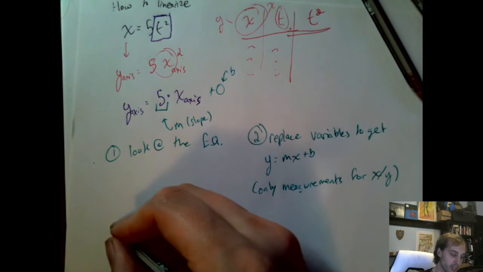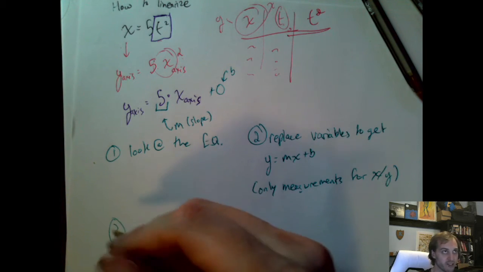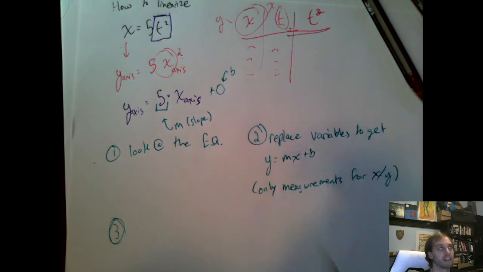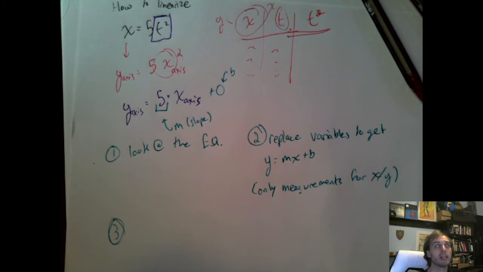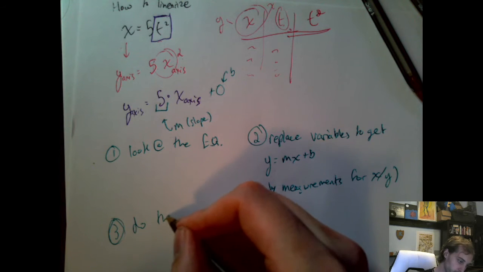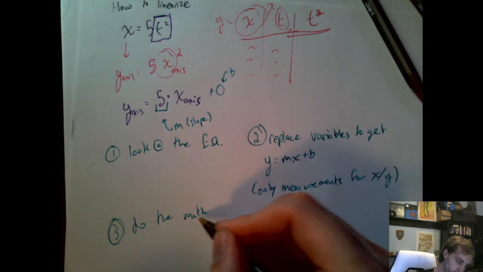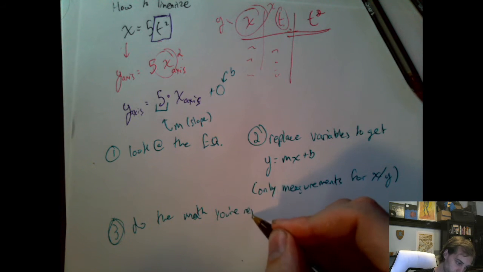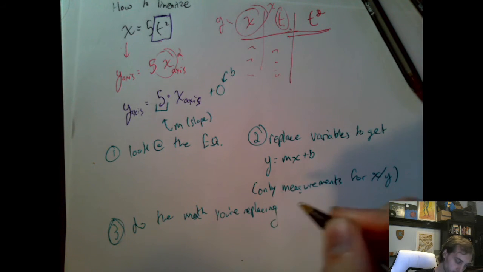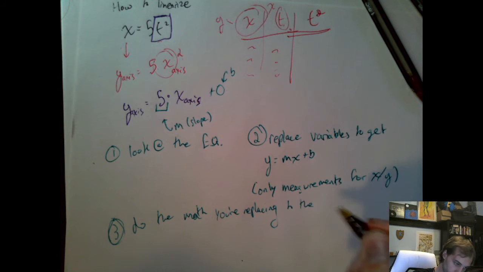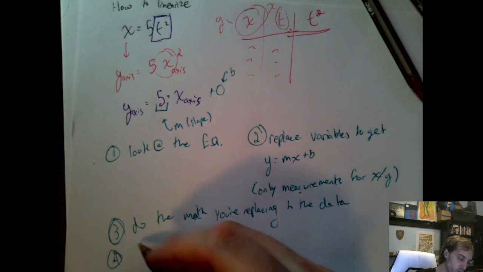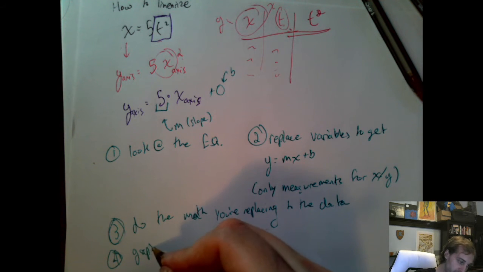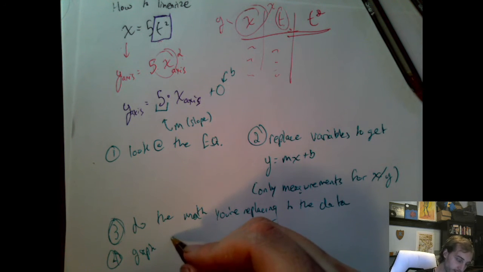My next step is to do the things that I'm replacing with the x-axis to my data. Then you want to graph the new altered data, and if you did it right, you'll get a line.